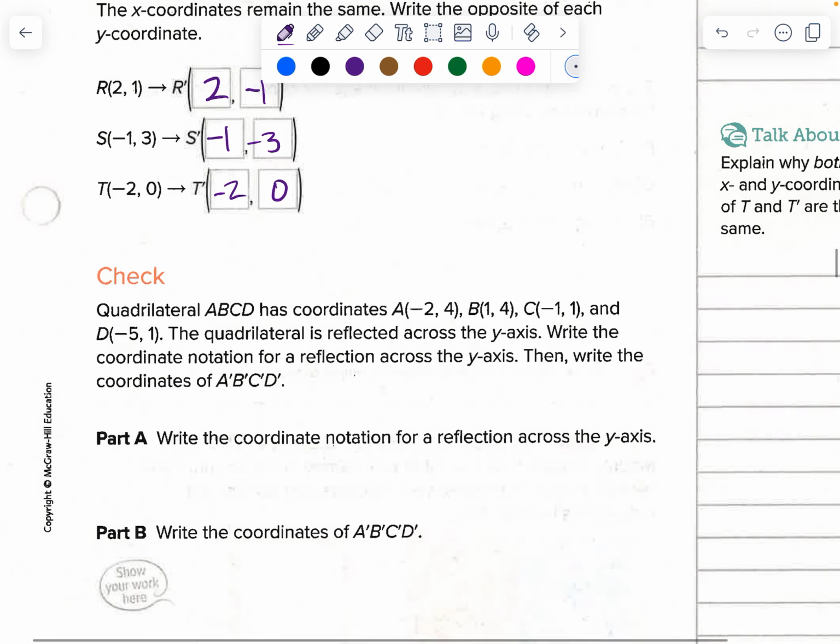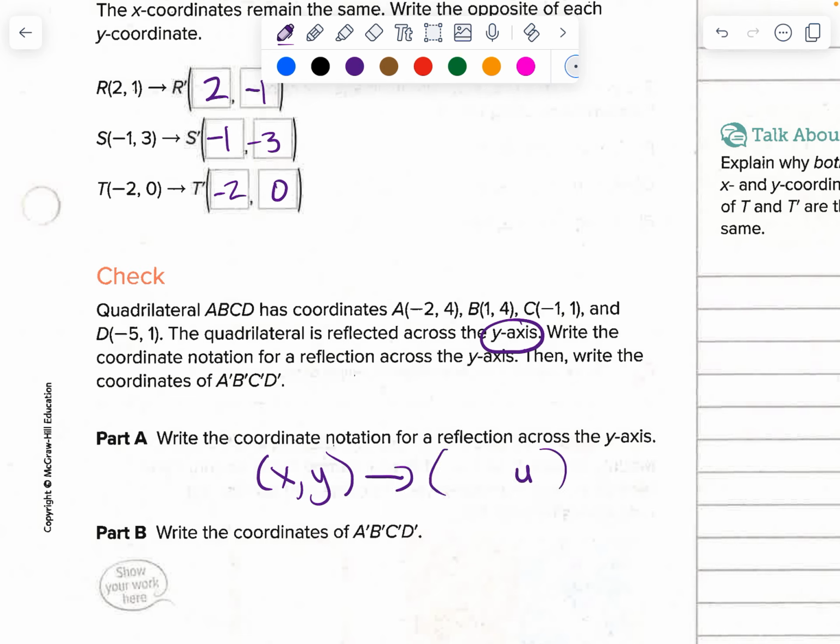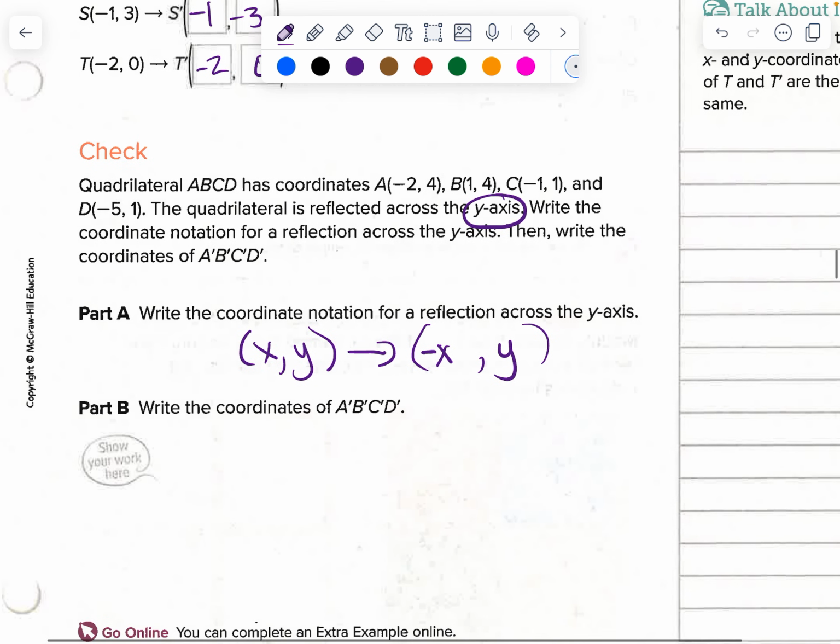So down here, we have the quadrilateral ABCD with these coordinates, reflected over the y-axis. So we're going to write the coordinate notation. So remember, if it goes over the y-axis, the y stays the same and the x is opposite. So A prime: our x value is opposite, so the opposite of -2 is 2, and the y stays the same.